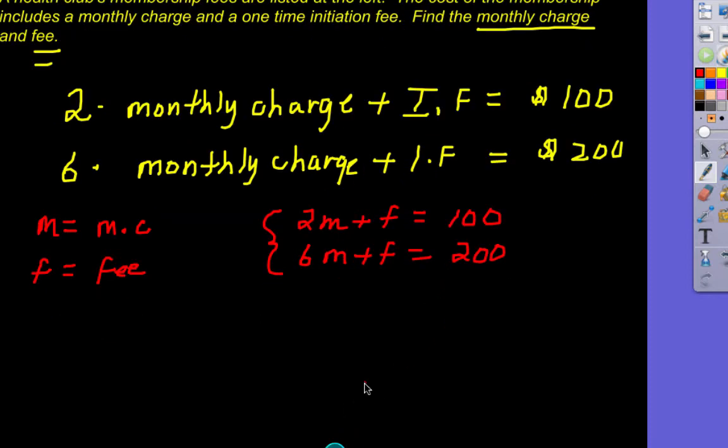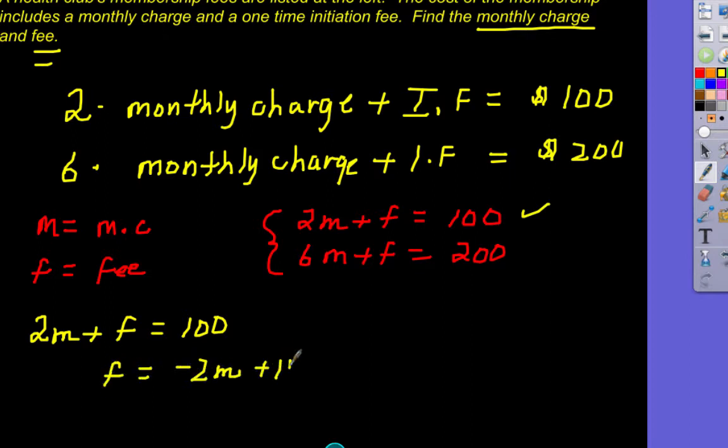Now we have to pick one of the equations to solve for. We need to solve for both M and F, so I have to pick one. I'm going to solve this equation for F. If we have 2M plus F equals 100, that means F is going to be equal to negative 2M plus 100. So that's step 1. Step 2, we use our unused equation, which was 6M plus F equals 200, and we substitute what we know.